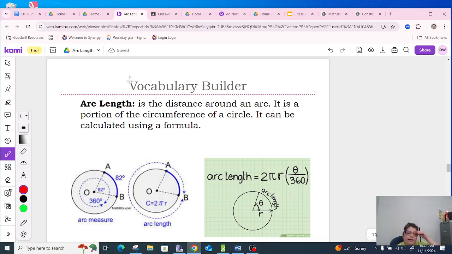So it's the circumference formula times the fraction, which would be the degree of the central angle over 360. So arc measure is just the degree, right? Arc length is an actual measurement, like with a string or tape measure, however you would actually measure it.